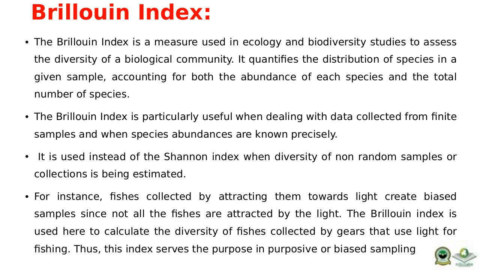It is particularly useful when dealing with data collected from finite samples and when species abundances are known precisely. It is used instead of the Shannon index when the diversity of non-random samples or collections is being estimated.